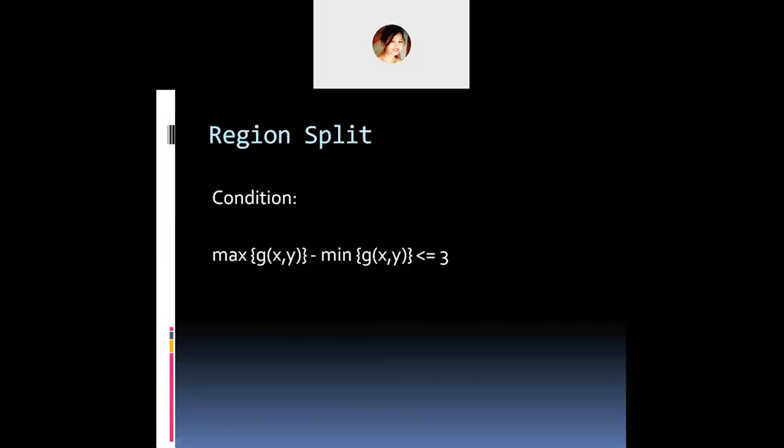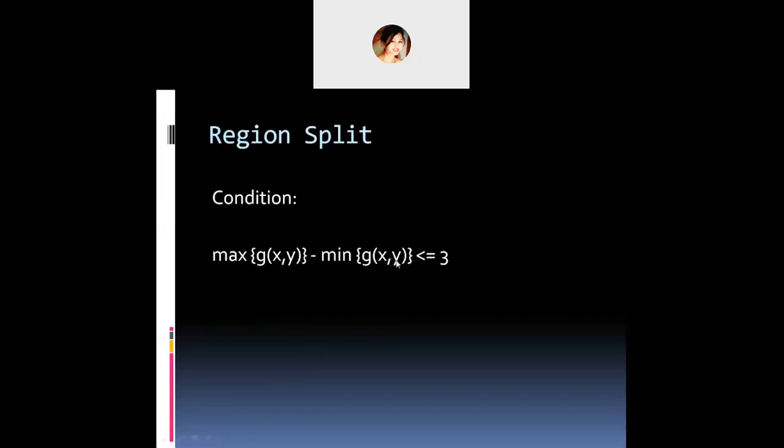Normally we calculate the frequency values of the pixels, and because we are talking about region based segmentation, we check the maximum frequency value and the minimum frequency value, that is the highest frequency value of the pixel and the lowest frequency value of the pixel.